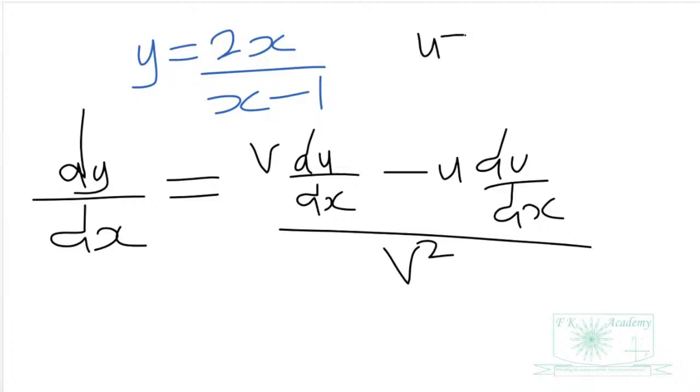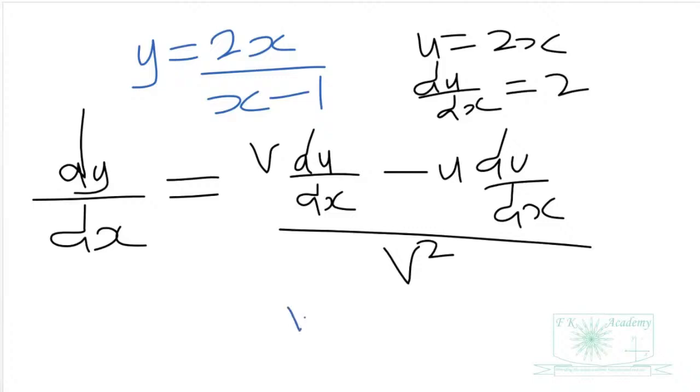U is equal to 2x, so du dx will be equal to 2. Then our v will be equal to x minus 1, so dv dx will be equal to 1.